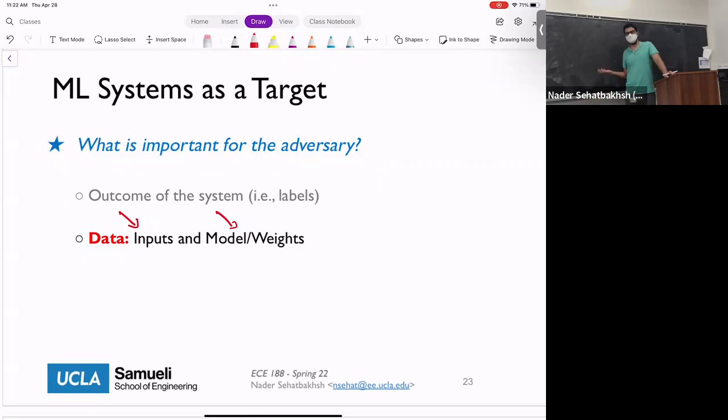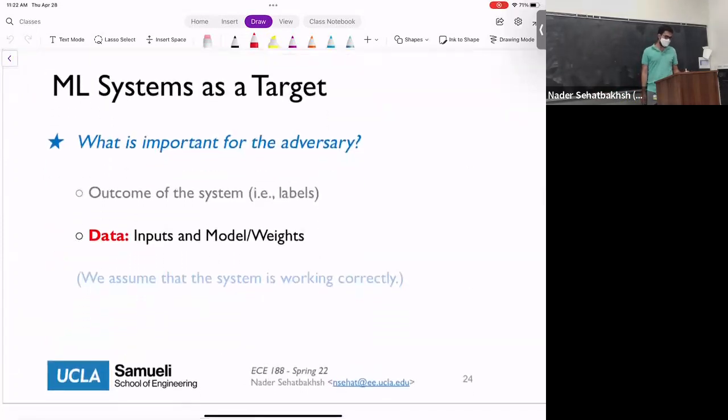There are large companies that build these models and spend hundreds of thousands of dollars to build them. And if an adversary can steal this model, they can use it for themselves. So it's kind of like stealing the IP of a specific company or specific user. And for the same reason that you want to steal the IP of any other system, you want to be able to steal the IP of machine learning systems. Okay?